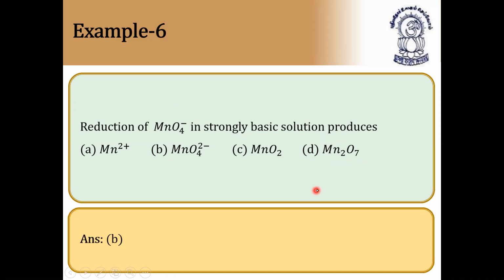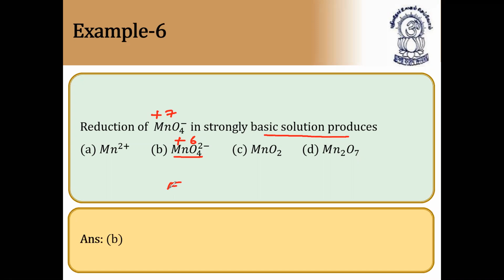Going to the previous question again. MnO4 minus changes to MnO4 2 minus, that is plus 7 changes to, reduction means plus 7, and this is plus 6. So it is a decrease in oxidation number, and mainly in strongly basic solution, that is alkaline solution, it produces MnO4 2 minus.